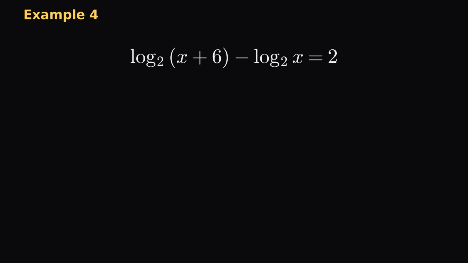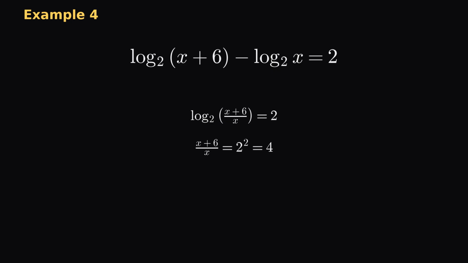Example 4. Solve log base 2 of (x plus 6) minus log base 2 of x equals 2. Two logs subtracted, same base. That's the quotient rule. Log base 2 of (x plus 6) over x equals 2. Convert. (x plus 6) over x equals 2 squared, which is 4.